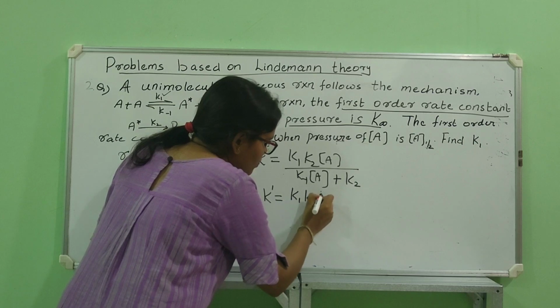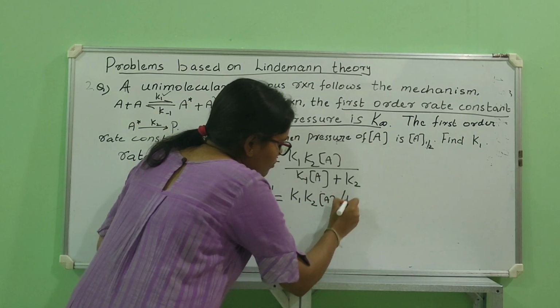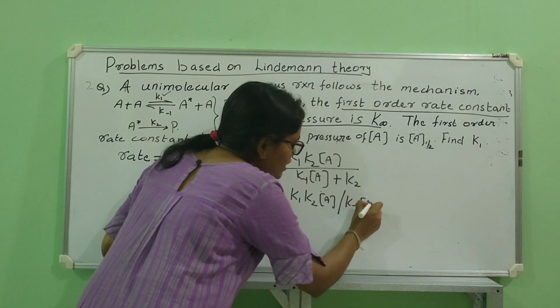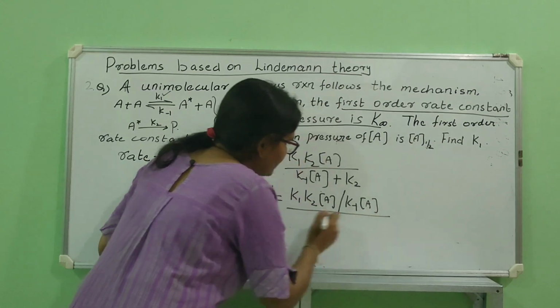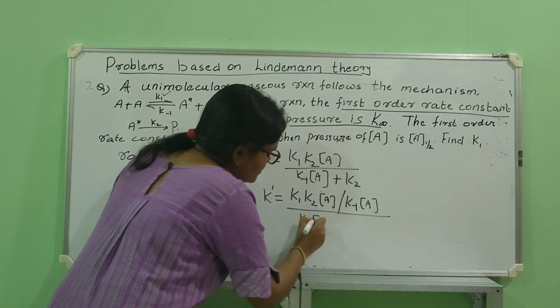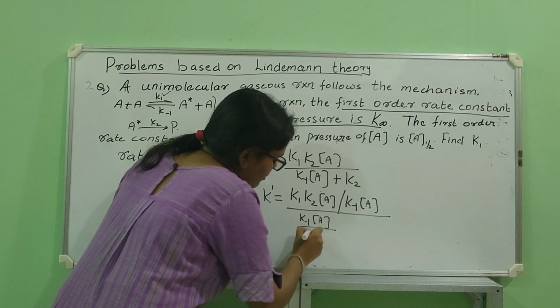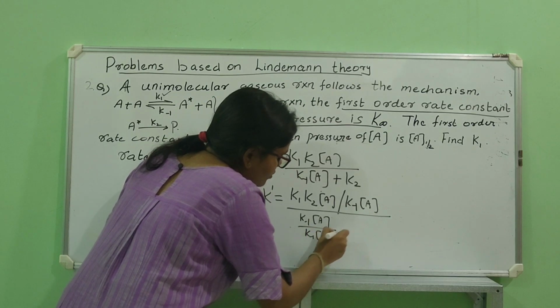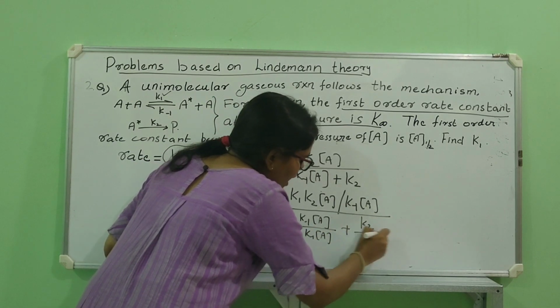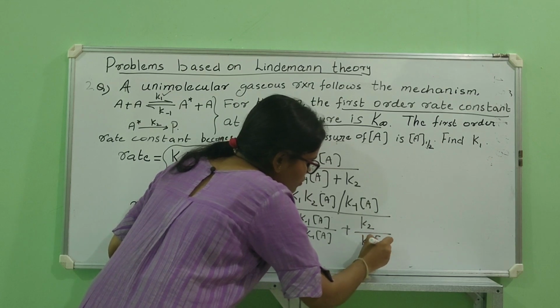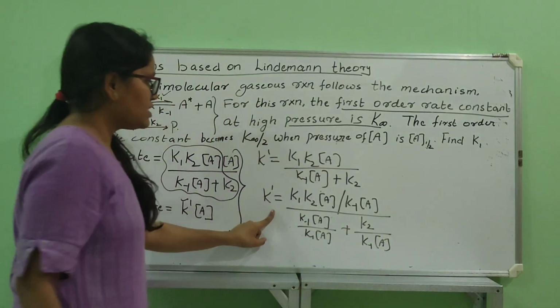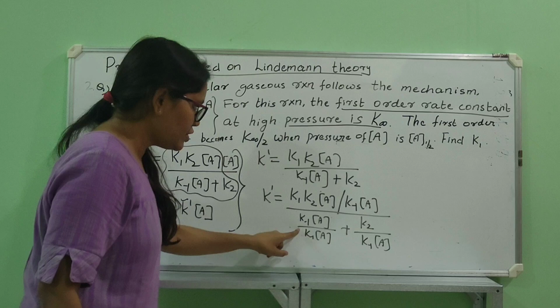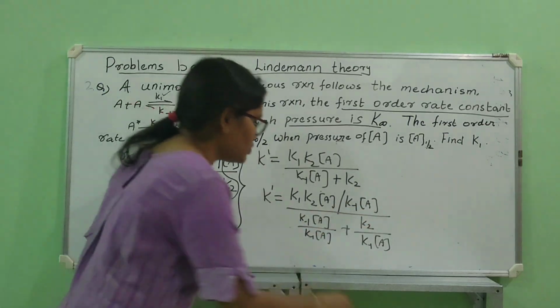K1 K2 into A by K minus 1 into A whole divided by K minus 1 into A by K minus 1 into A plus K2 by K minus 1 into A. So I have done nothing. I have just divided numerator and denominator by K minus 1 into A.